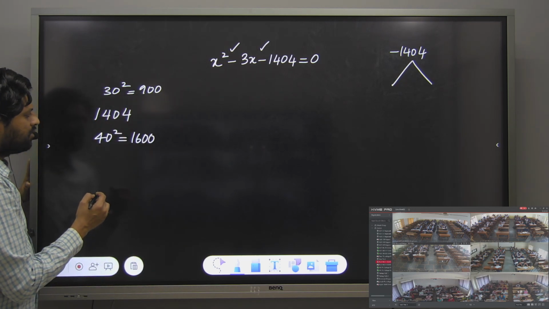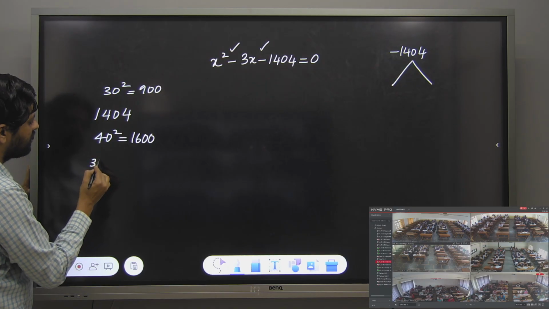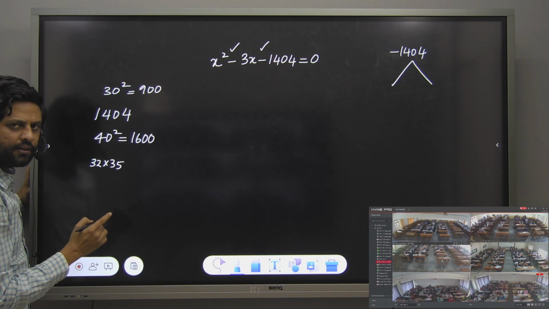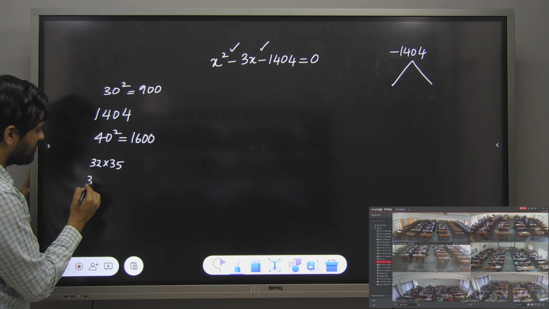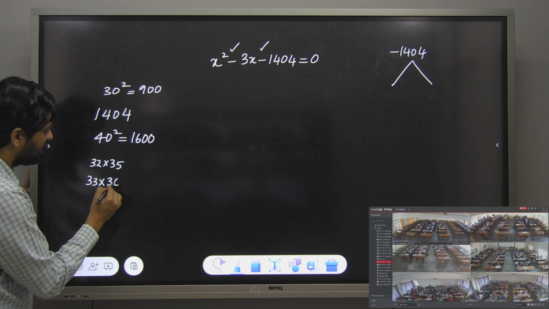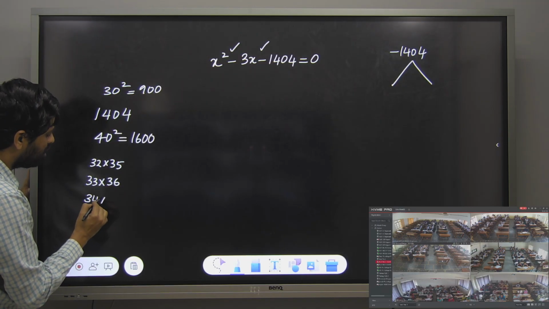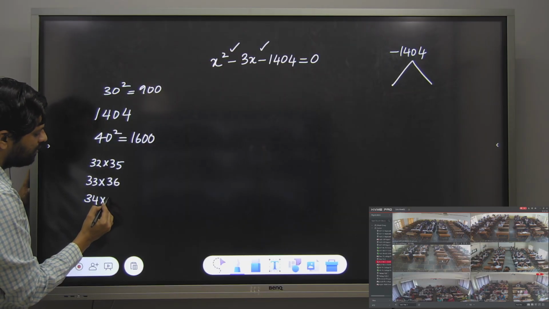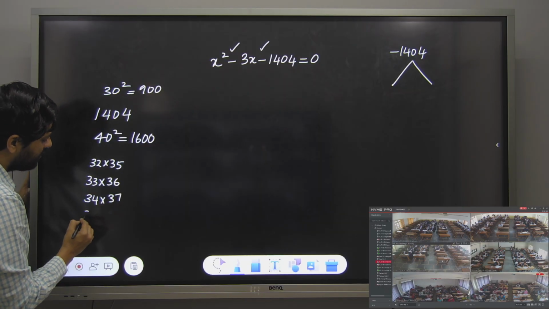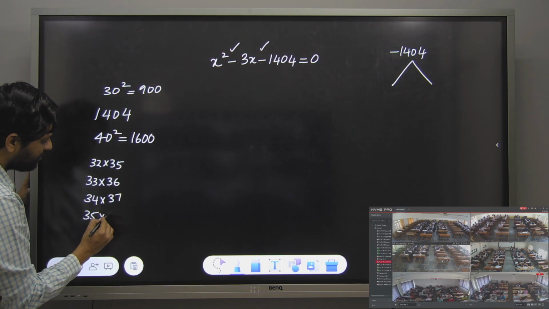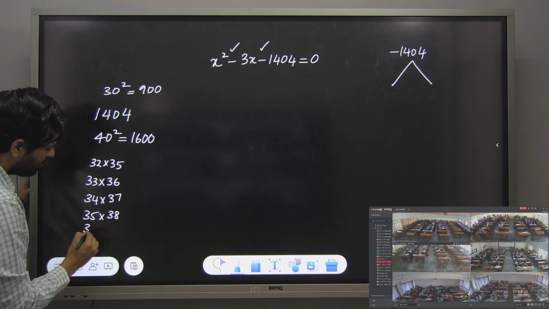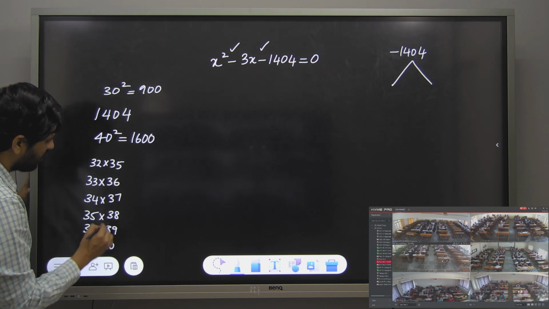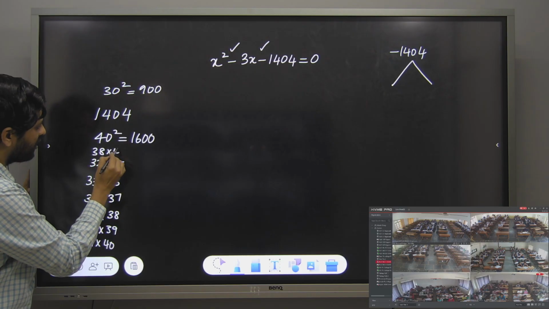I want the difference to be 3. So I'll start from here. 32 into 35, difference is 3. Do you agree? Next, 33 into 36. 34 into 37. 35 into 38. 36 into 39. 37 into 40. 38 into 41.